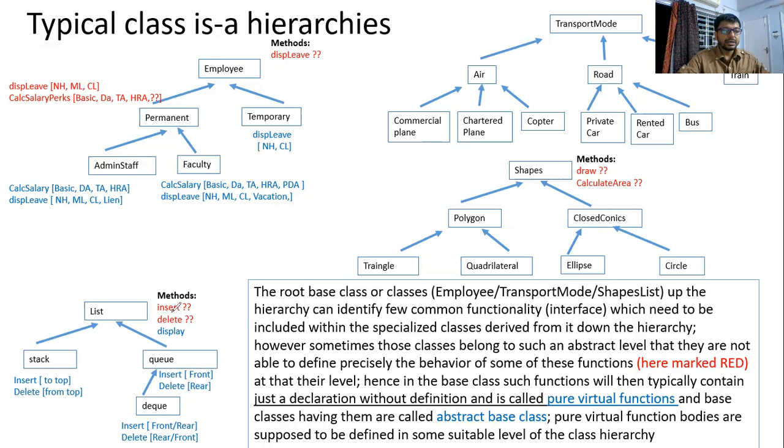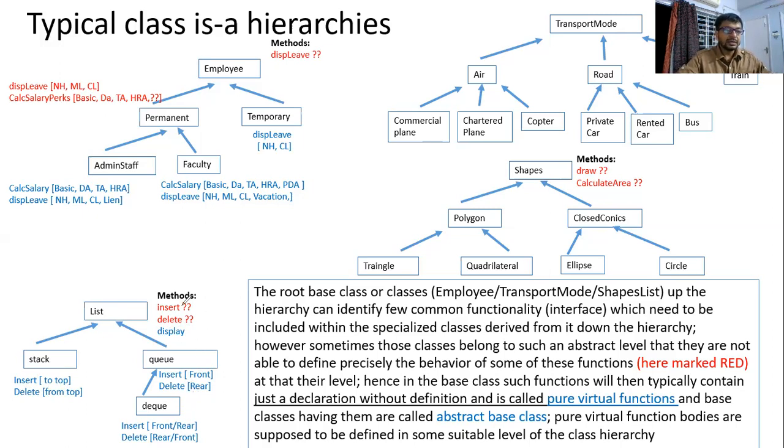This is complete. And the insert, if it is a list, it can be a stack type or it can be a queue type. So queue is a list, stack is a list. Each of them has their own insertion and deletion rules. And a DQ is a queue where you allow insertion and deletion from both ends.